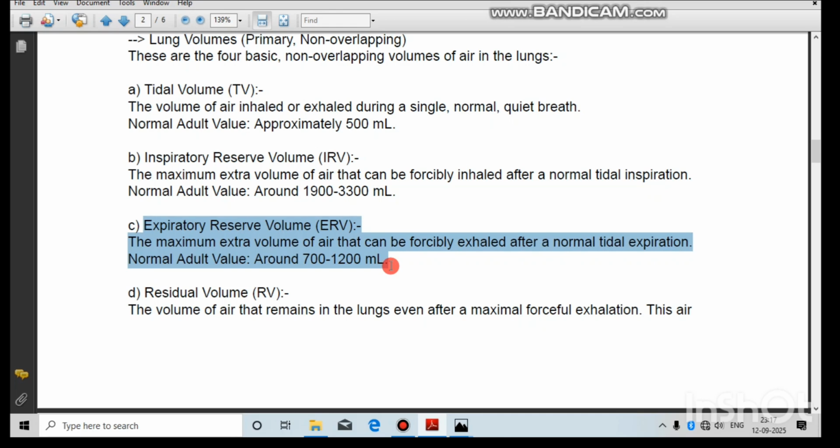If I am applying pressure and breathing out forcibly, that is known as expiratory reserve volume. After that, the amount of air present inside our lung is the ERV. That will be somewhere around 700 to 1200 ml.